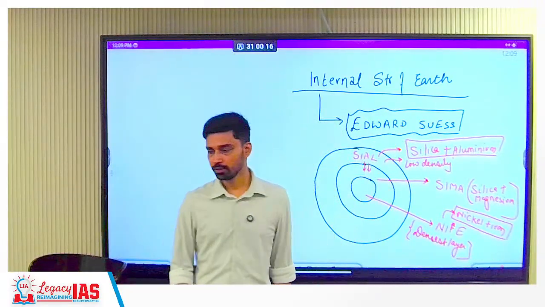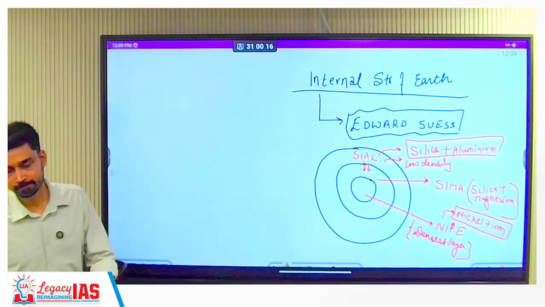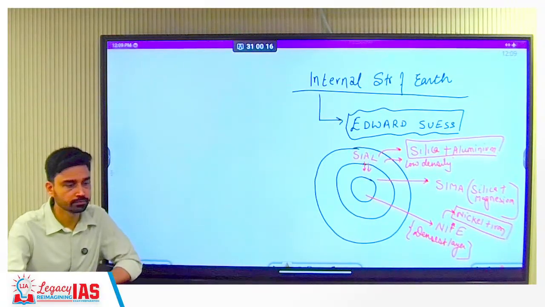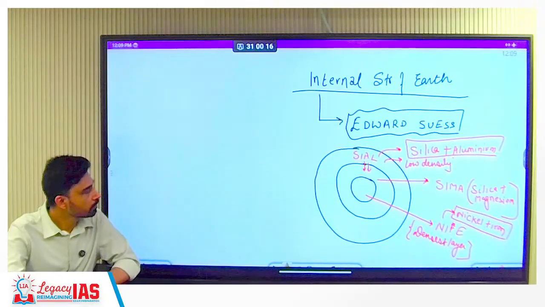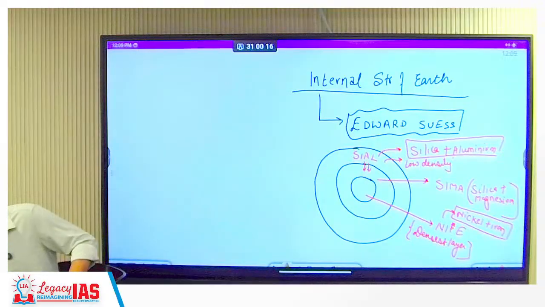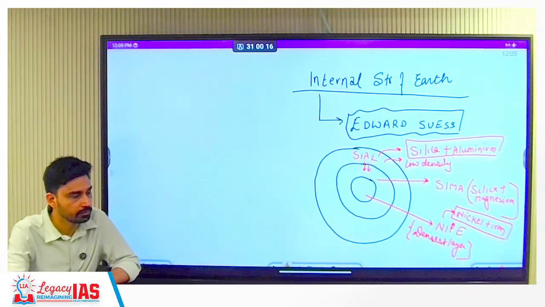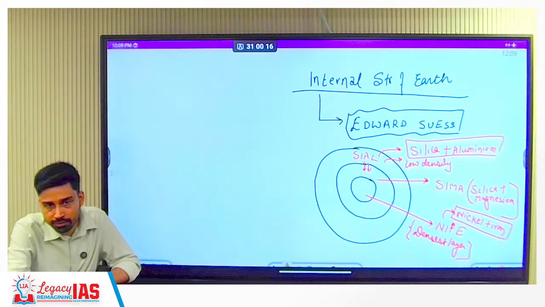Nickel plus iron, so the Nife layer. So Sial, Sima and Nife. This is the simplistic model that Suess gave as far as the internal structure of Earth is concerned.